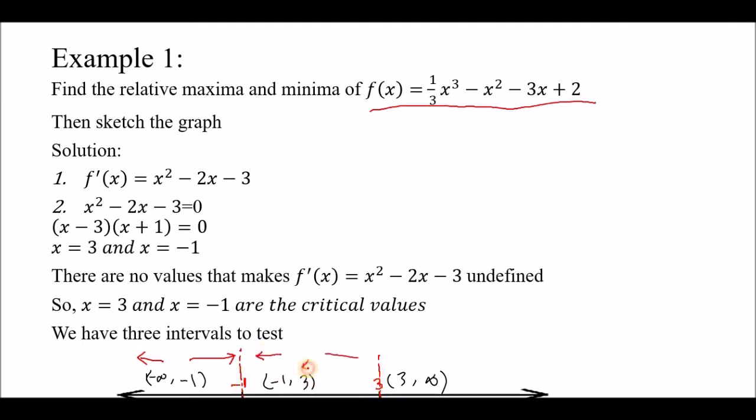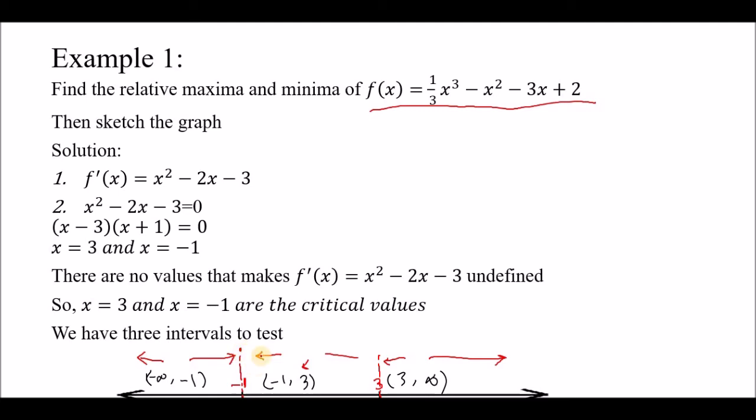The third interval is from x is equal to 3 to positive infinity. We want to see exactly what the behavior of the function is so we can determine whether this point right here, which we're going to find eventually, is a minimum point or a maximum point.